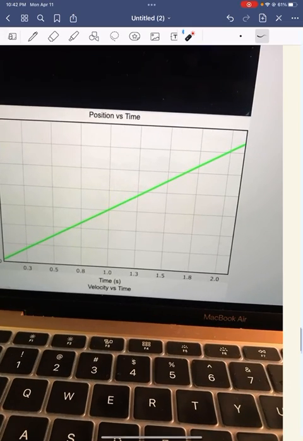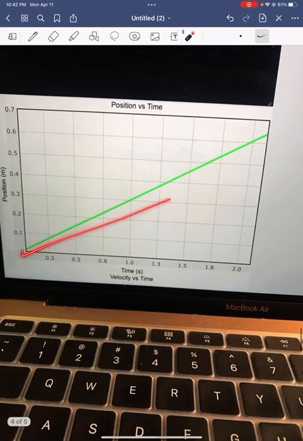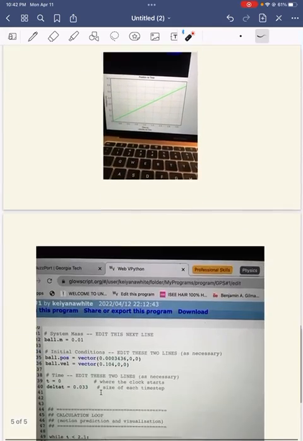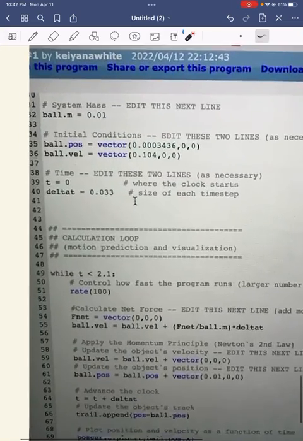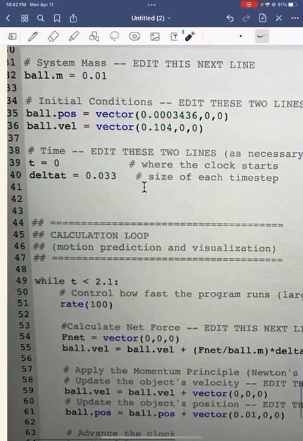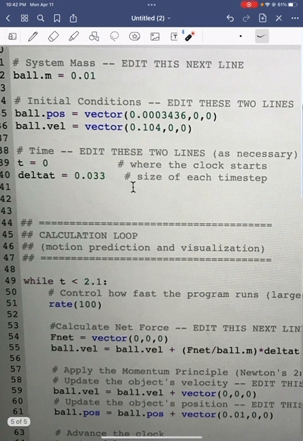Here is an example in GlowScript, and here is the line of code. I updated the mass, which is in kilograms, the initial position, final position, and initial velocity.